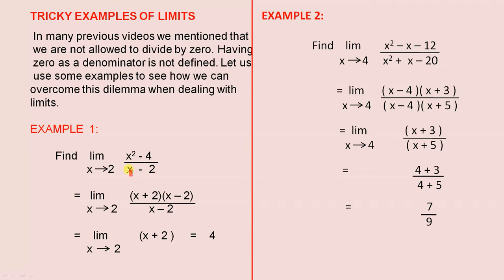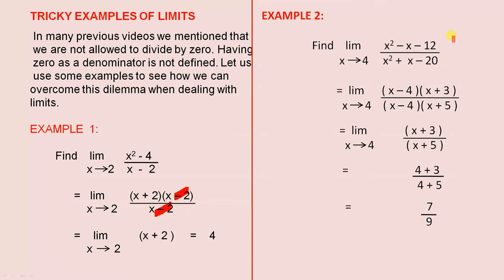Now see here in this denominator, as x approaches 2 we have 2 minus 2 is 0, and that's not allowed. So here's how we overcome it. We factorise the numerator. That gives us that over that. Notice here we have x minus 2 and x minus 2. We just cancel those two out. And that leaves us with the limit of x plus 2 as x approaches 2, which is 2 plus 2, giving us 4.